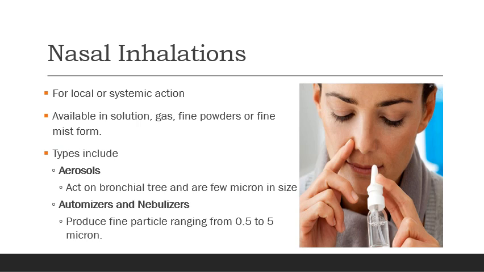In atomizers or nebulizers, as we have earlier discussed, there is equipment which nebulizes the drug, converting it into mist form, and a device which is inserted into the nose, and the mist goes into the nose and produces a local effect in the respiratory tract as well as in the lungs. They produce a particle size ranging from 0.5 to 5 micron.